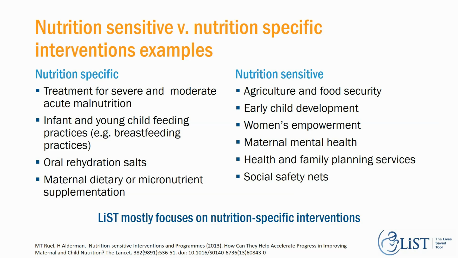So we're talking about general indicators that are around women's empowerment, early child development, social safety nets, kind of all of the bigger picture structure that we need to be able to support advancing the nutritional status of a population. However, these things are a little bit more difficult to model and to get an effectiveness value for at this point in the literature. So for now, LiST mostly focuses on the nutrition-specific interventions, so the ones that are on the left.